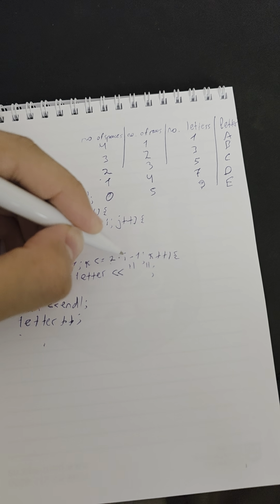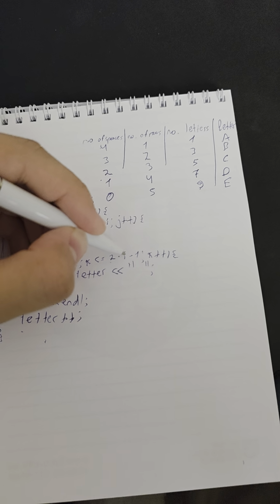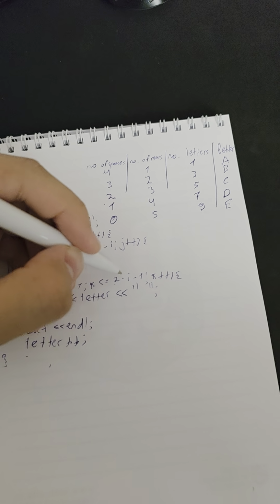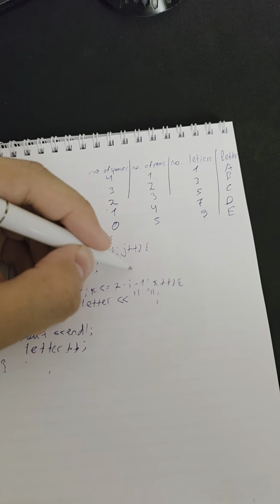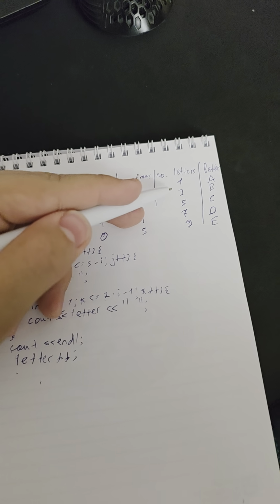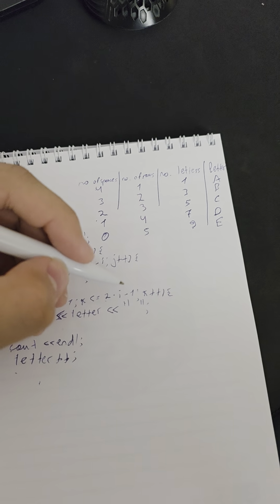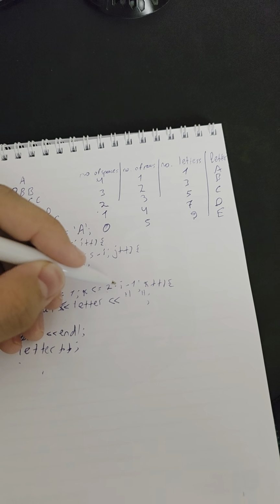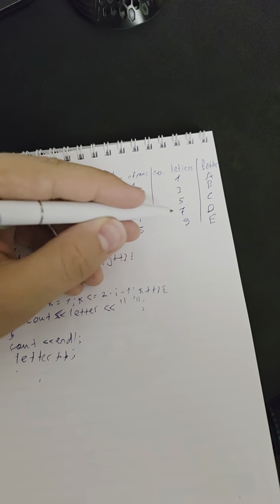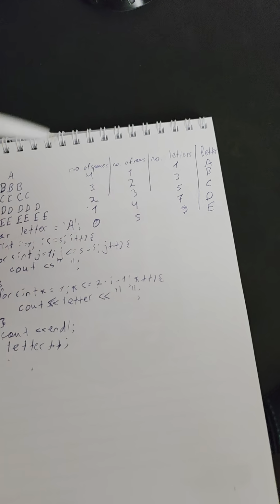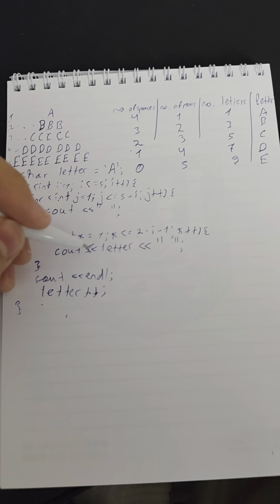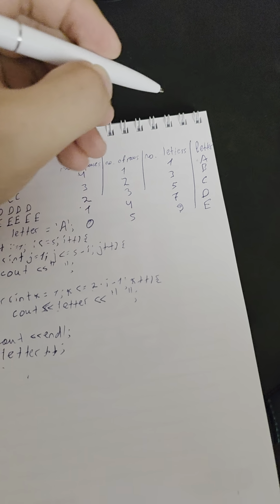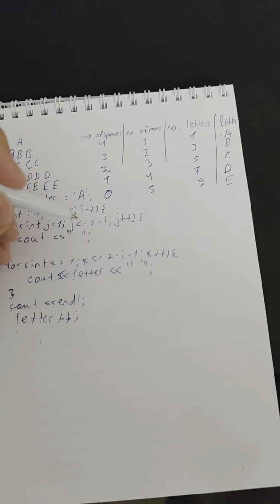So when i equals 1, it's 1, when i equals 2, it's 3, then 5, 7, and 9. So when i equals 4, it's 2 times 4, 8, and 8 minus 1 is 7, and so on.